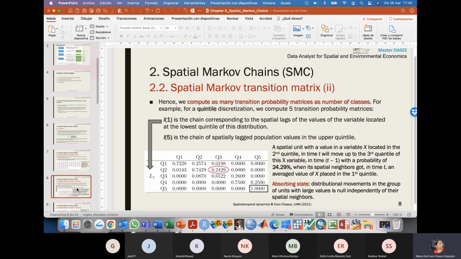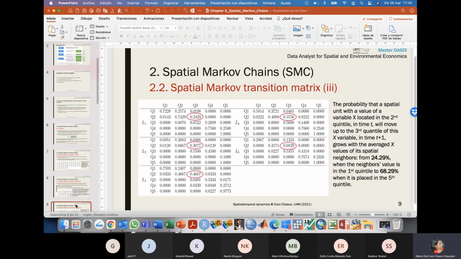And well, this was what I tried to show you. So these probabilities are the probabilities of starting in one period in Q2 and ending in the next period in Q3.